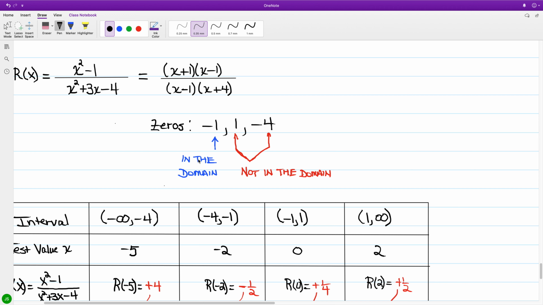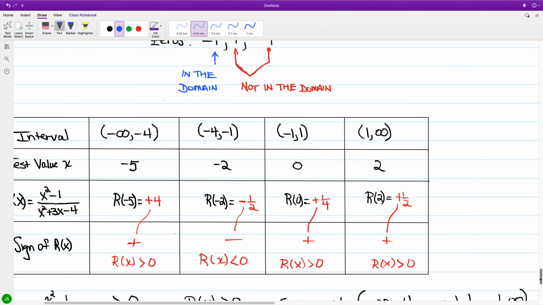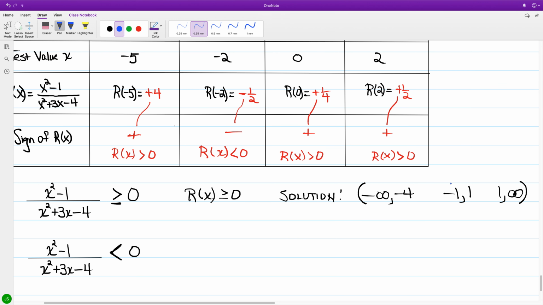Only negative 1 is in the domain. However, 1 and negative 4 are not in the domain. So we have a bracket around negative 1, since that is the only 0 that is in the domain.